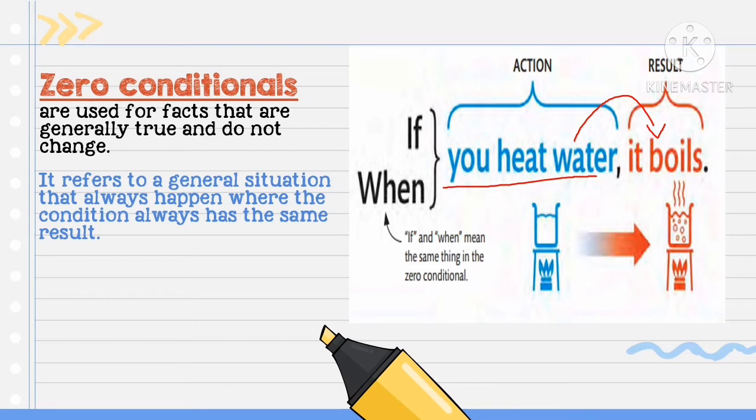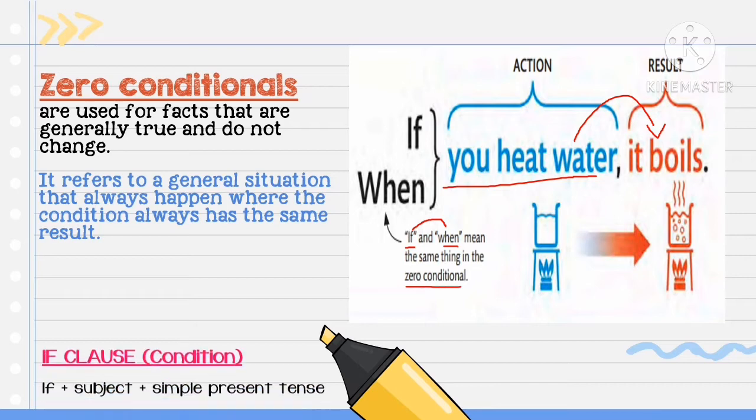So, kahit naman sino kapag iniwan yung butter sa room temperature o sa kusina, talagang malulusaw yung butter. So, that falls under zero conditional. So, under zero conditional, pwede mong gamitin yung word na if as well as when, because if you use interchangeably the word if and when, they share the same meaning. Under zero conditional lang po.